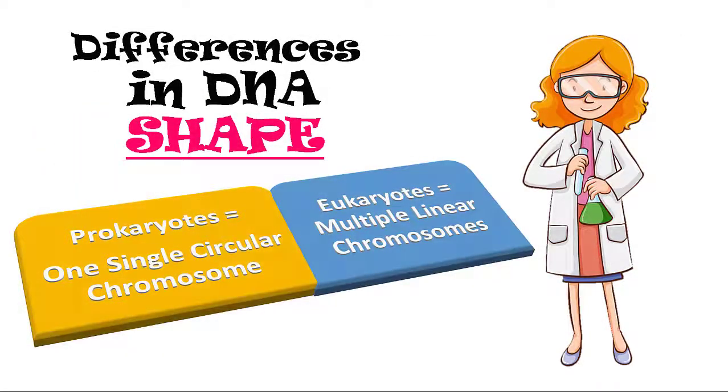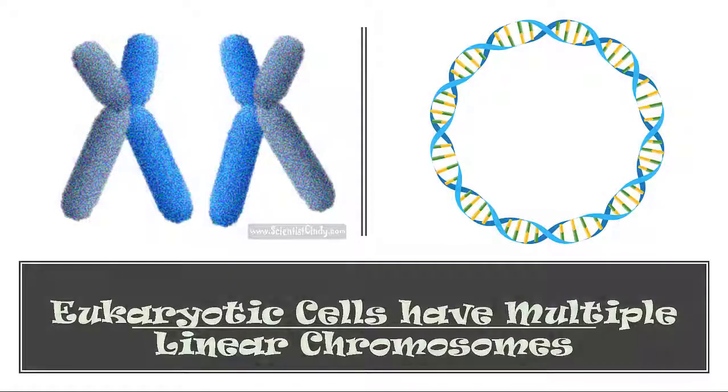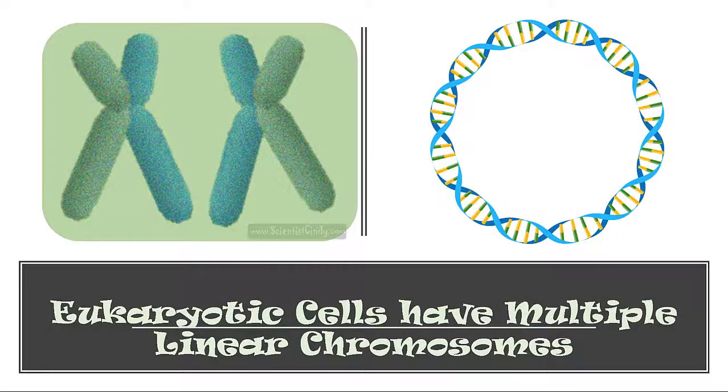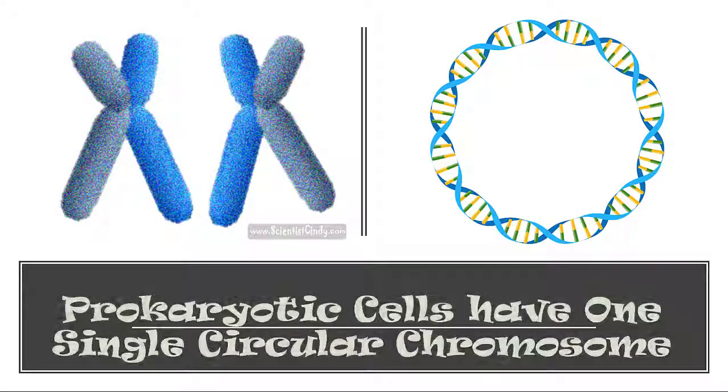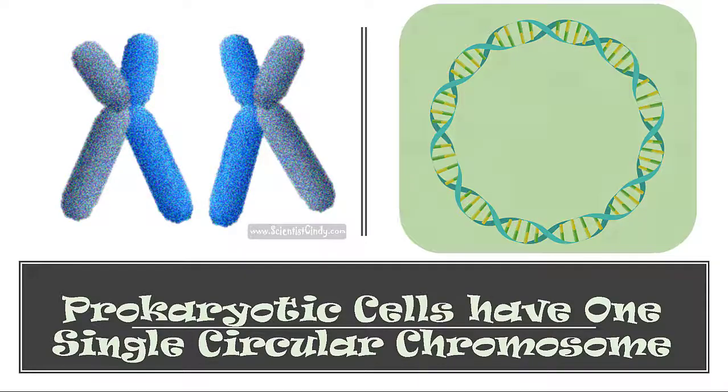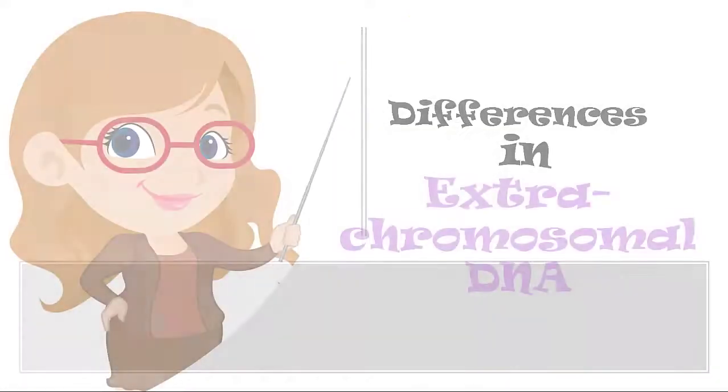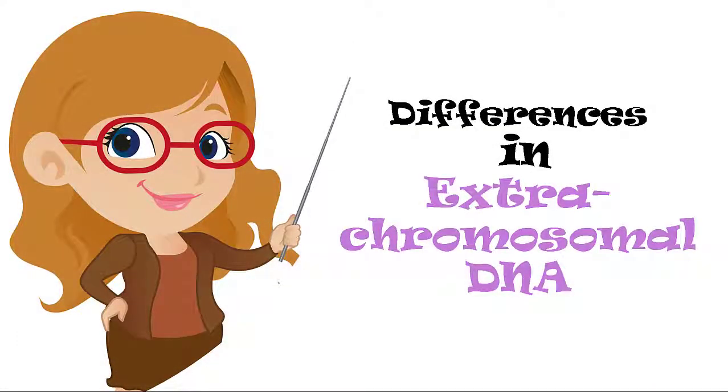Prokaryotic cells and eukaryotic cells have differences in the shape of their chromosomes. Eukaryotic cells contain multiple linear chromosomes, whereas prokaryotic cells contain one single circular chromosome. There are also differences in extrachromosomal DNA, called plasmids.